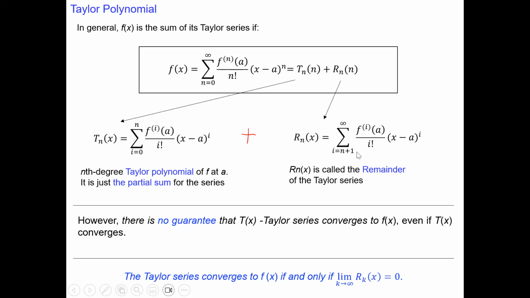The degree will be n plus 1, and so on. And then, of course, we have a couple of conditions. That's one of the theorems: the Taylor series converges to f of x if and only if the remainder is approaching 0.